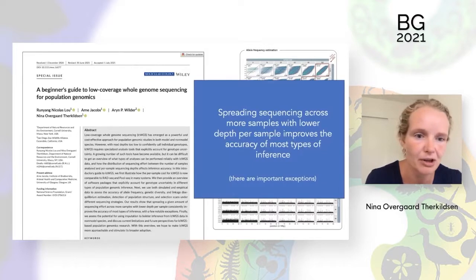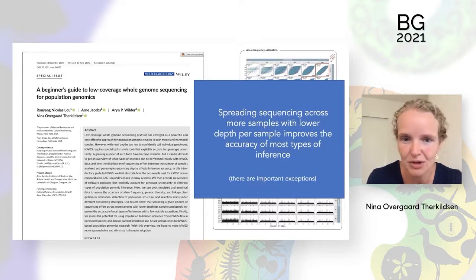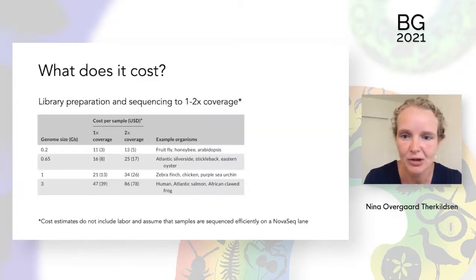Overall, our conclusion was that in general, spreading the sequencing across more individuals with lower depth per sample improves our inference accuracy much more than having higher sequencing depth for fewer individuals, except for a few types of inference that are notable.